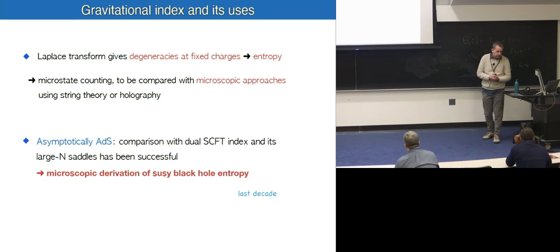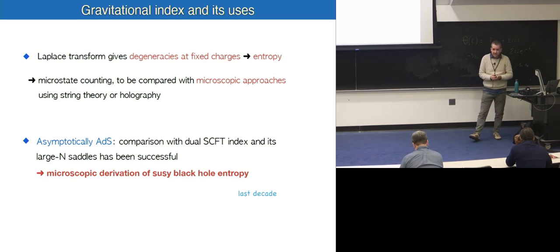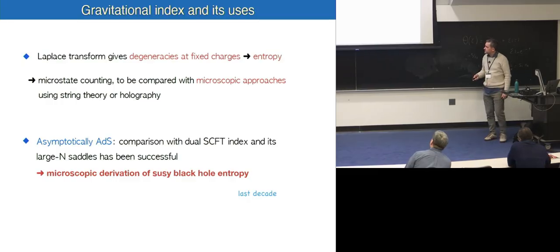This story has been successful both in the asymptotically flat and asymptotically AdS cases. In particular for the asymptotically AdS case, the comparison with the dual superconformal field theory has been the object of a large activity in the last decade or so. And it has given a microscopic derivation of the AdS black hole entropy in a number of examples.